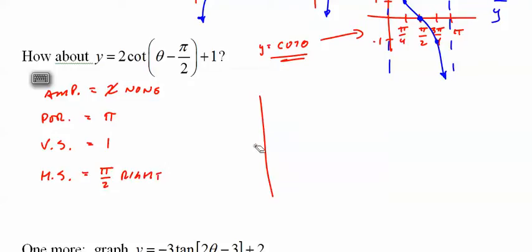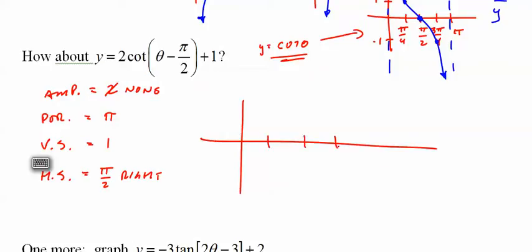This is a hassle because I can't dot a lot of things in. 1, 2, 3, 4. I'm going to guess we need 6. So vertical shift is 1, and the amplitude is 2, but not really.